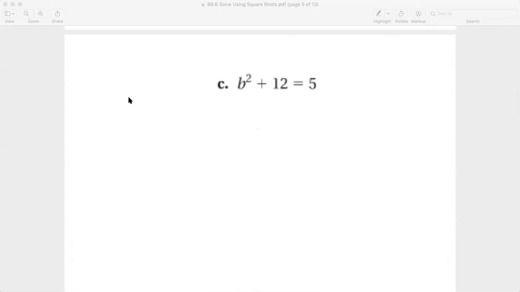Now this would be the third case. This was going to be a no solution, and here's why. When I bring my 12 over, I get b squared equals negative 7. The fact that I'm about to square root a negative is the problem. Go ahead and type it into your calculator.